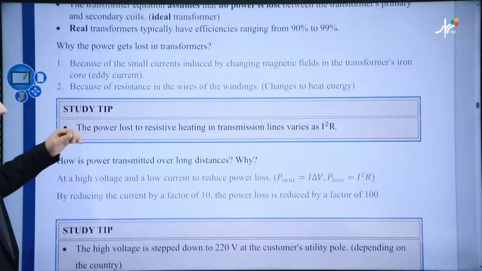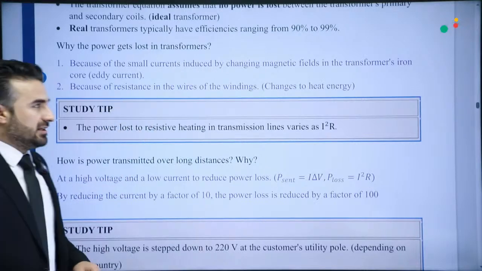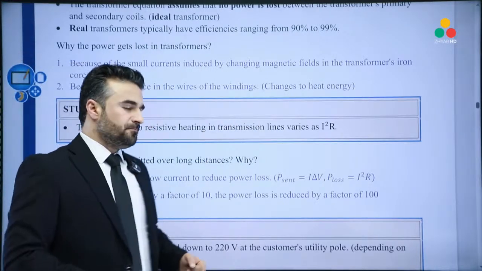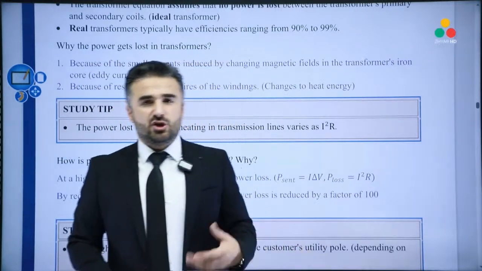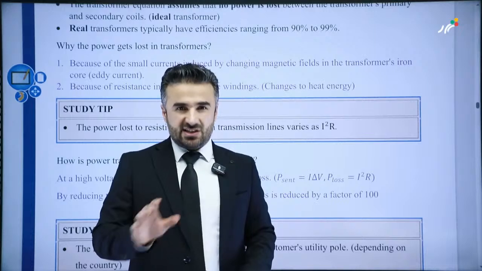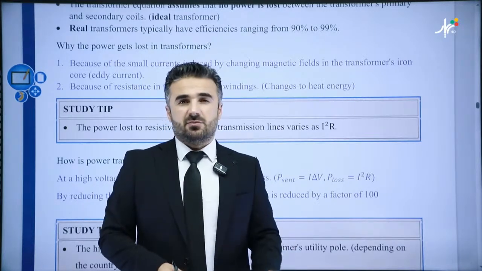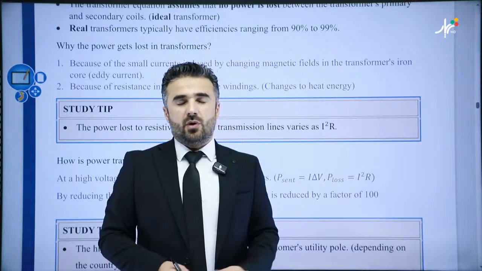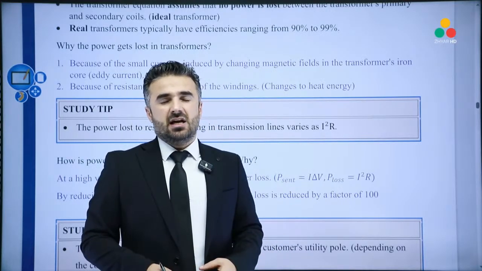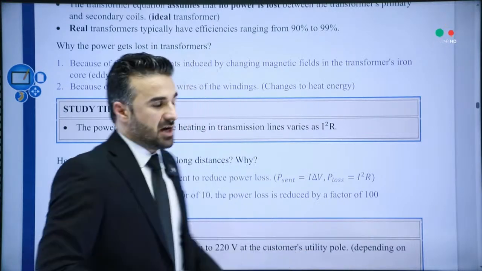Another factor that wastes power is the resistance in the wires of the winding, which changes to heat energy. For example, if your phone is charging and you touch the charger, after it has been used for a while you can feel that the charger is warmer than the surroundings, or even hot at times.